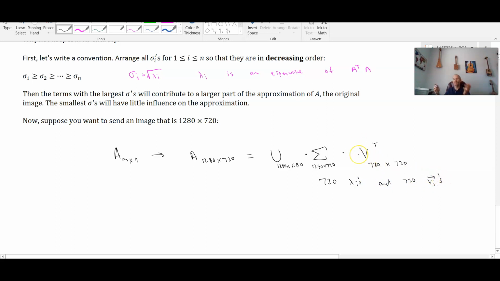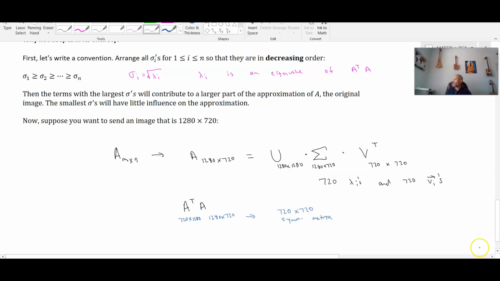And I know that because of the size of V, that's going to contain all of the eigenvectors of A transpose A. Now in this case, since A is 1280 by 720, A transpose is 720 by 1280, and A is 1280 by 720, so this will produce a 720 by 720 symmetric matrix. And a square matrix with 720 dimensions will have 720 eigenvalues and 720 eigenvectors.